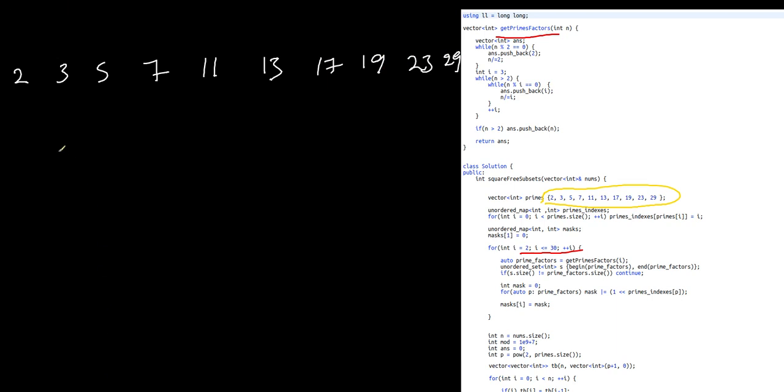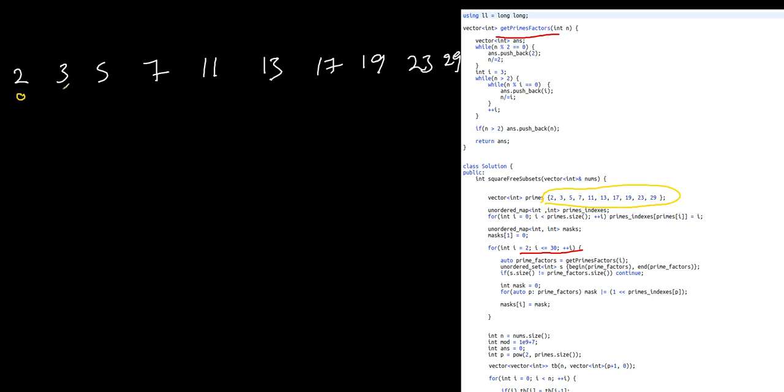So these are the 10 primes under 30, and we are going to encode every number's prime factors into a mask.